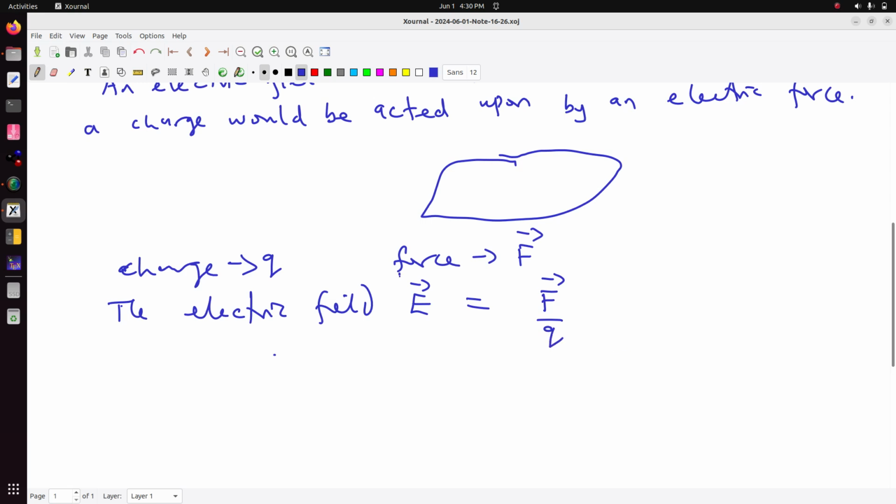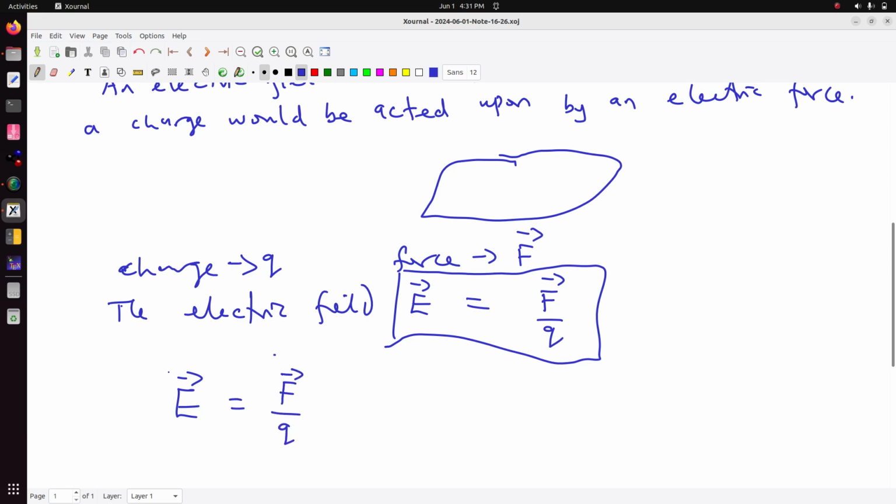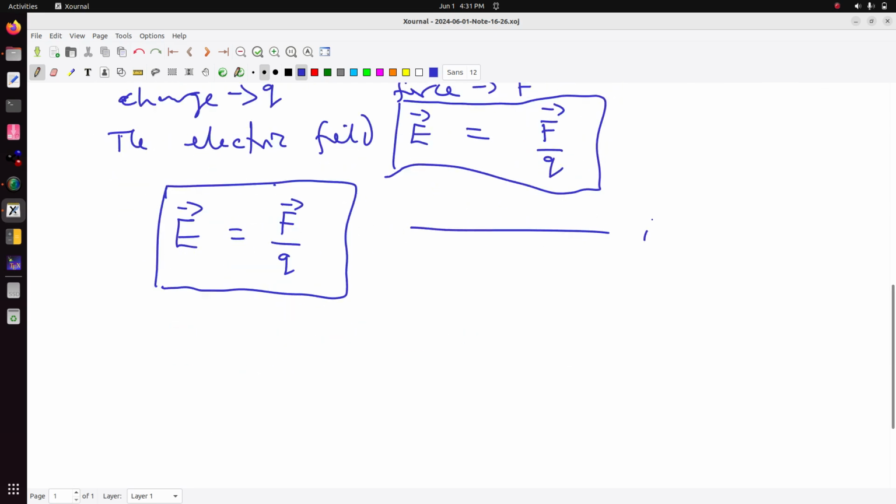So the electric field equals the force per unit charge. Okay, so if you know the force, then you can easily determine the electric field.